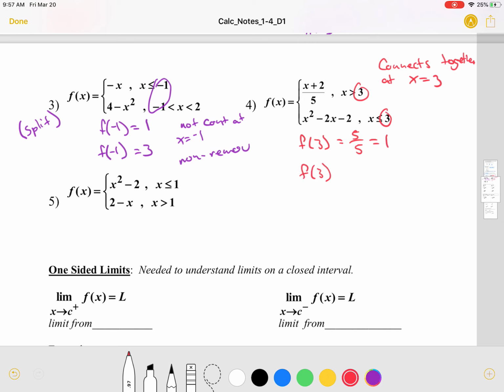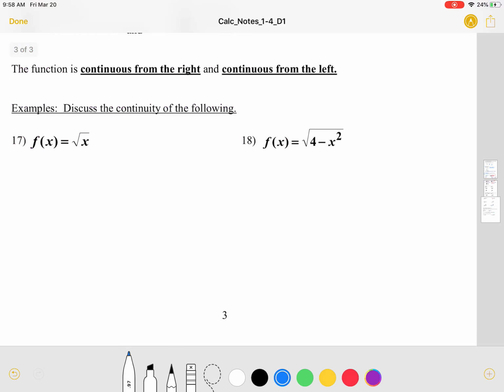All right, f of 3 of the second one, you get something like 9 minus 6 minus 2 equals 1. Okay? We get those same numbers. Look, we get 1 for both of them. That means it's going to be, you guessed it, continuous everywhere.